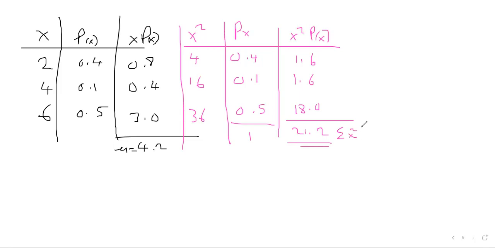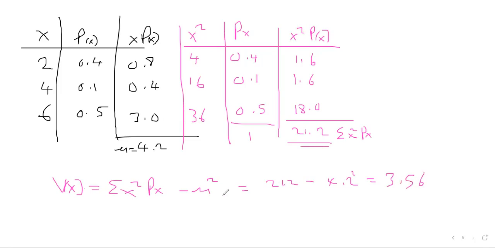This is the summation of x squared px. It's not the variance. So the variance of x is simply the summation of x squared px minus the mean squared. So here 21.2 minus 4.2 squared. That is how we find the variance. So 21.2 minus 4.2 squared, we get 3.56. Then we square root this. What do we get?